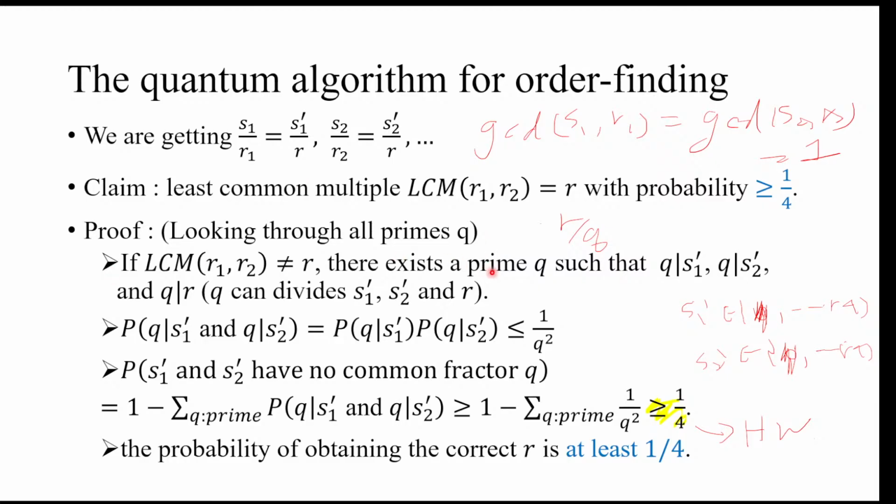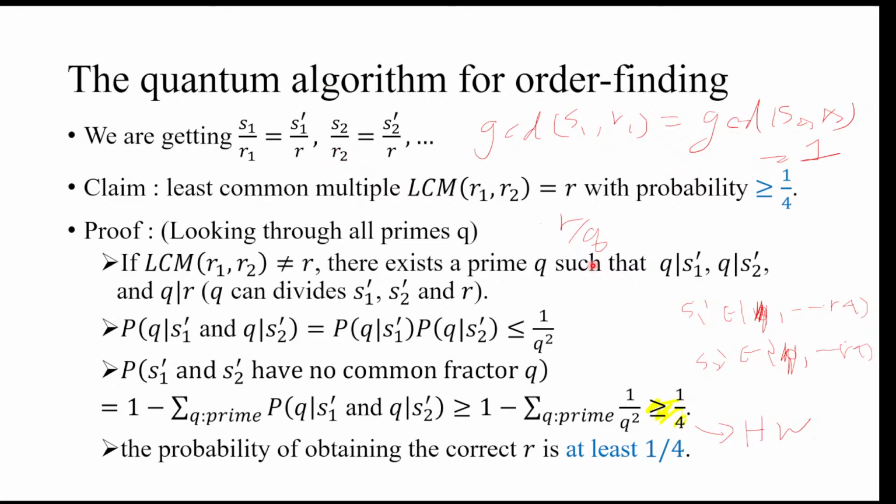Okay, and so there will be some Q that when you go from R to R1, you are also dividing the same factor from S1 prime and S2 prime. That's why you can take the factor from both the upper side and lower side, etc. Okay, so the common factor from R must also be the common factor, that's the difference between R1 and R and R2 and R, must also be on S1 prime and S2 prime.